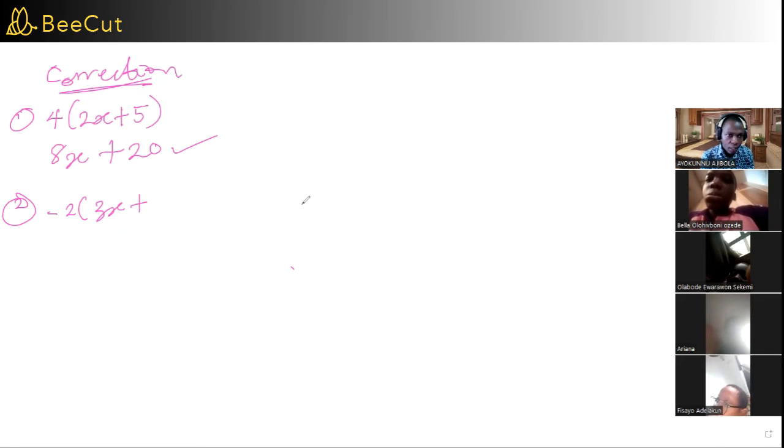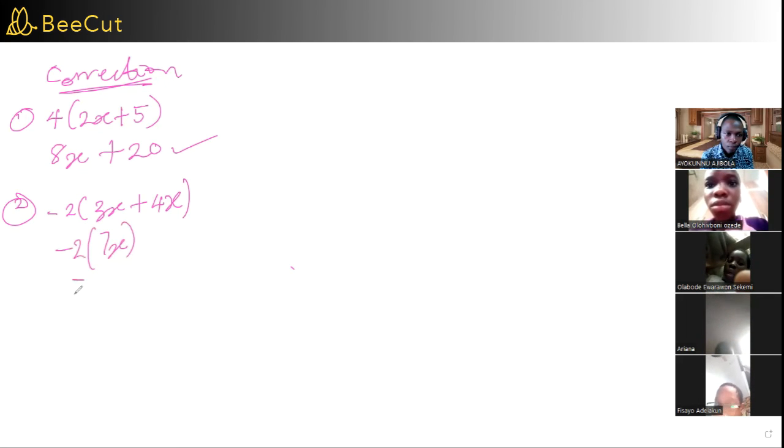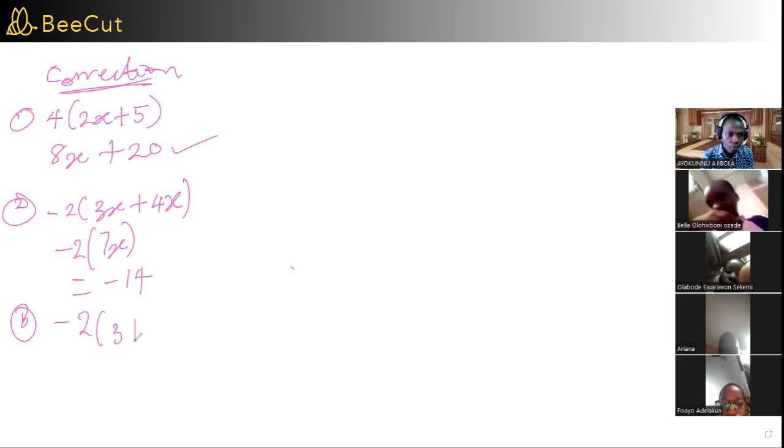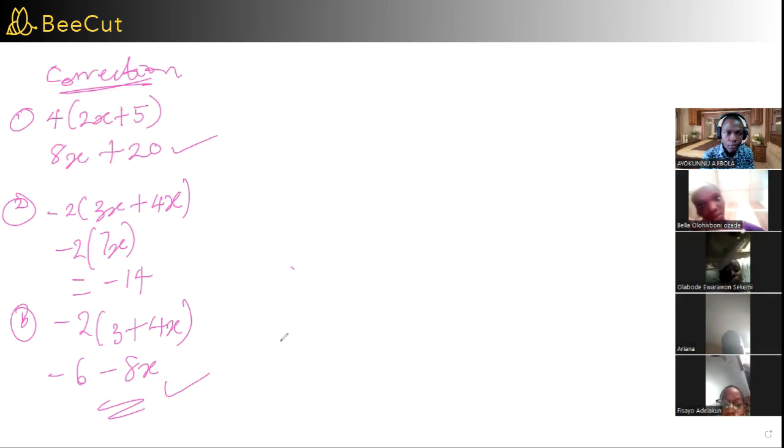But if it is 3x plus 4x, all you have to do is firstly add the x's, 3x plus 4x is 7x, then multiply by minus 2, and your answer is minus 14x. But if it happens to be minus 2 into 3 plus 4x, then minus 2 times 3 is minus 6, and minus times plus is minus also, then minus 2 times 4 is minus 8x. So this will be the answer.